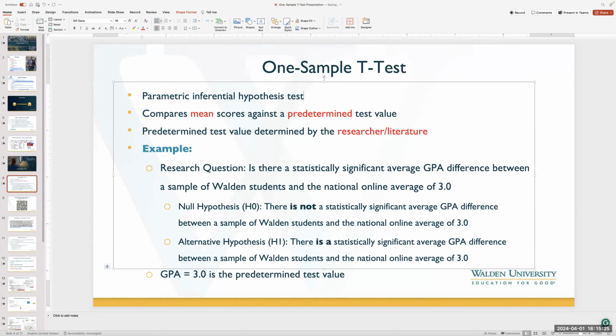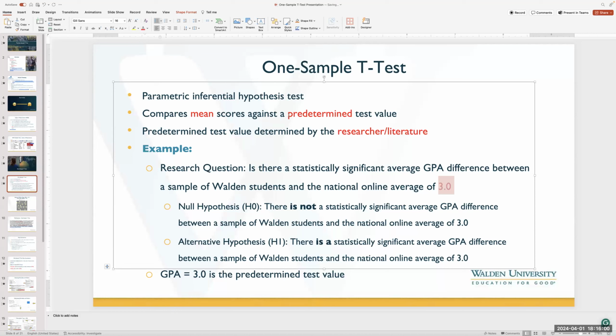Well, let's look at this research question, which should really help us understand this. So what we're asking here is, is there a statistically significant average GPA difference, GPA scores, between a sample of Walden students? So with 30,000 plus Walden students, what we have to do is go in and get a sample of those students, and we collect and get their average GPA. But we know that the national online GPA average is 3.0.